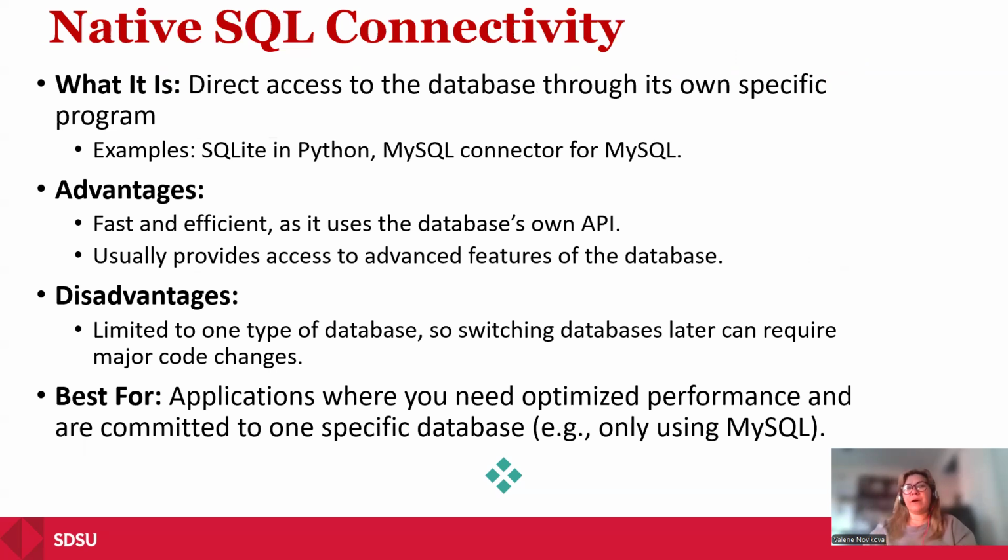And the first one will be native SQL connectivity. So when we talk about native SQL connectivity, it means direct access to the database through a specific code or specific program. So, for example, a SQLite connection to a SQLite database using a Python application.